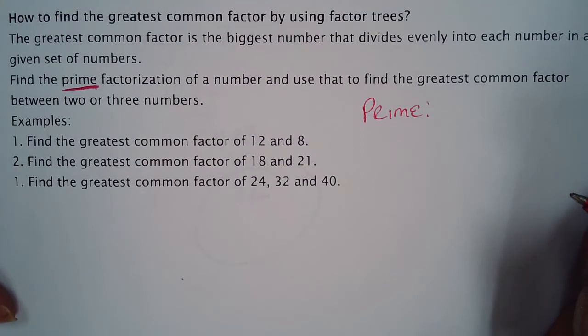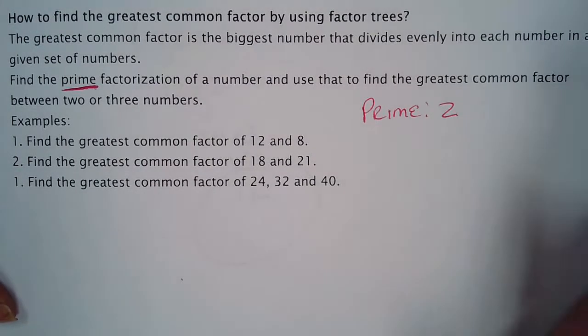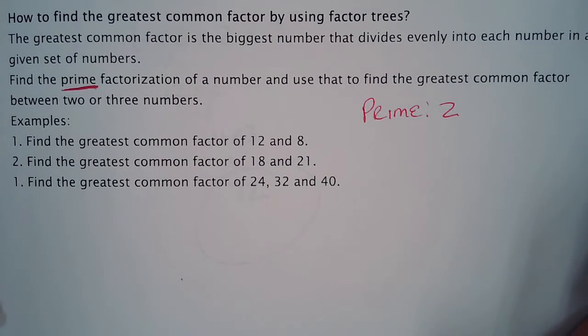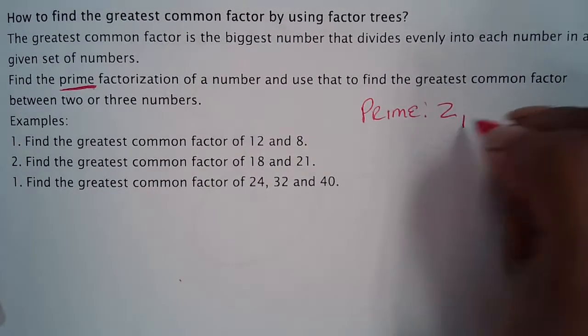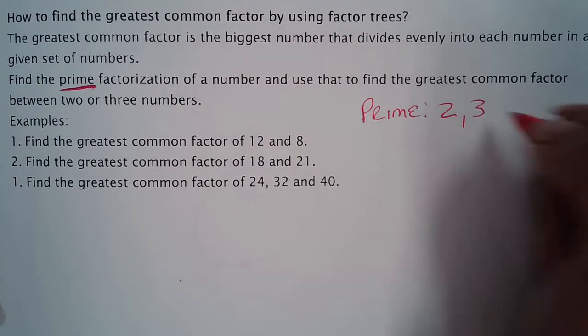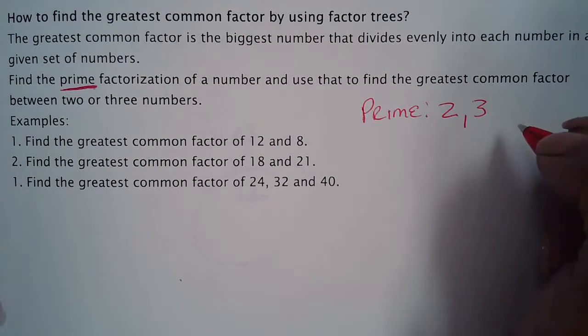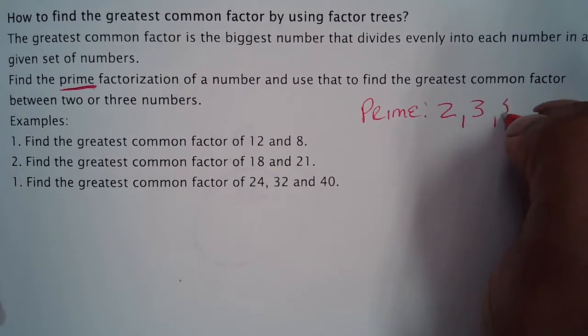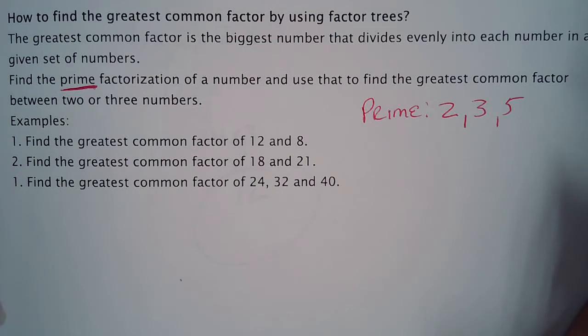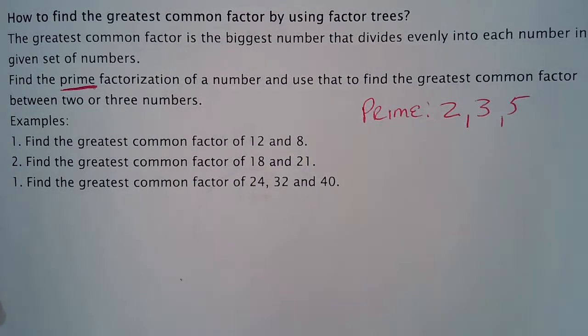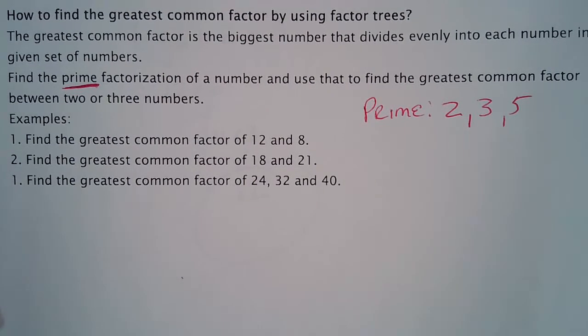My examples would be 2, because you can only multiply 2 by 1 to get 2. Also 3. I'll give you one more, 5. Those are all examples of prime numbers. They can only be multiplied by themselves and 1 to come up with a number. So you need to make sure you keep that in mind.